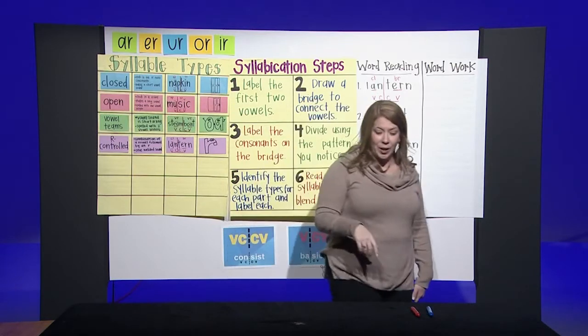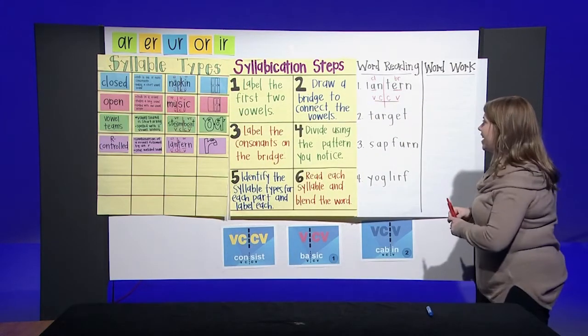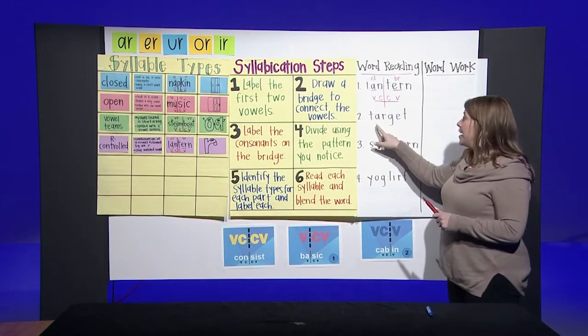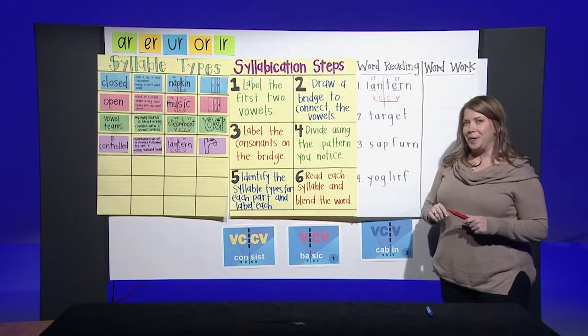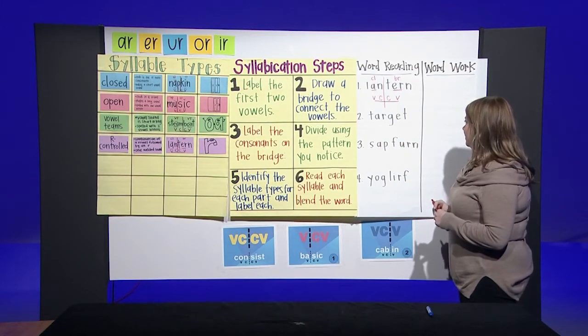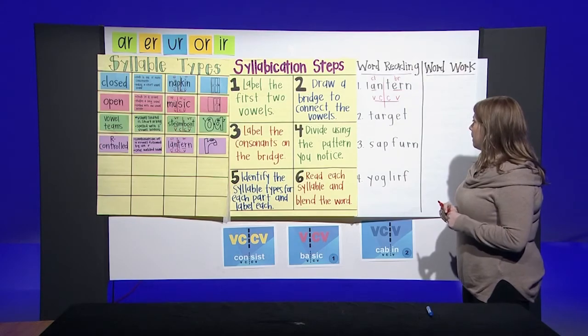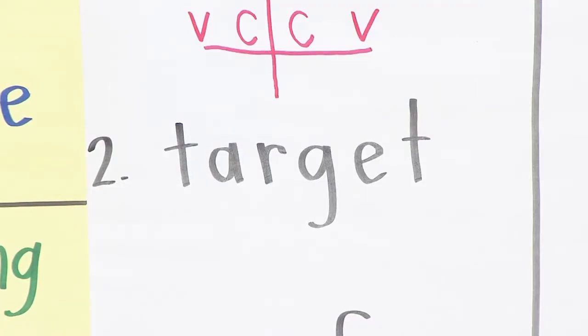Get your pencil and paper out so we can work together. And I want you to write this word on your paper. Let's start with step 1 together. What does step 1 ask you to do? That's right. We're going to label the first 2 vowels we see.